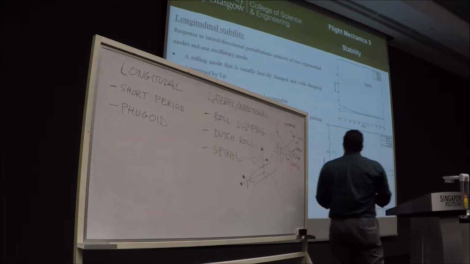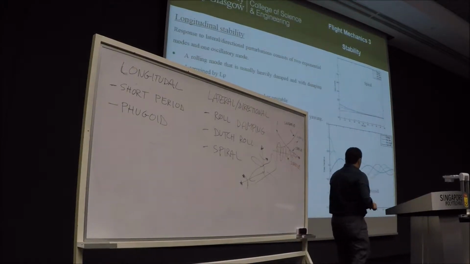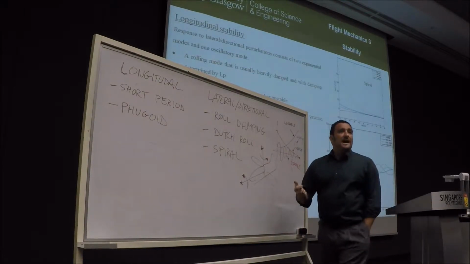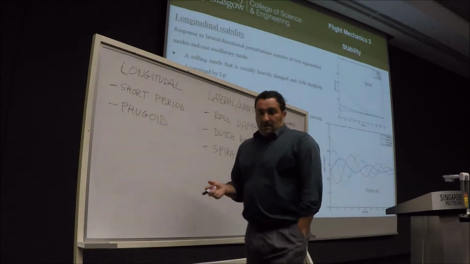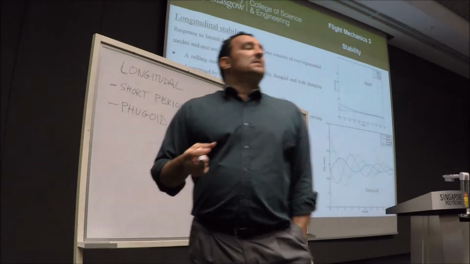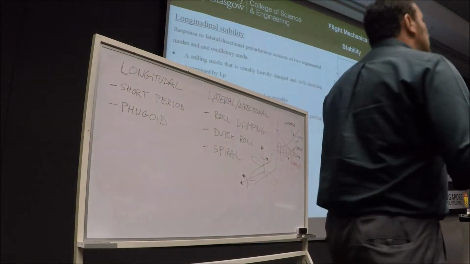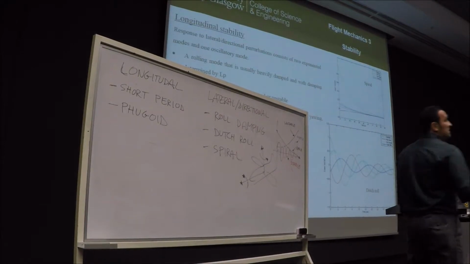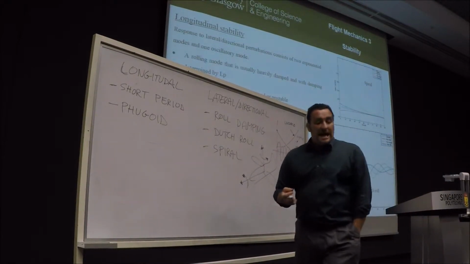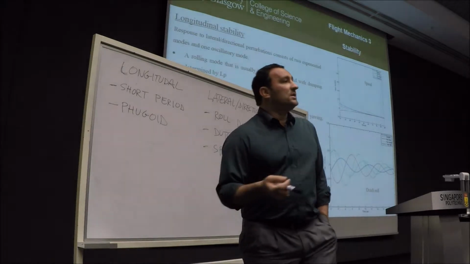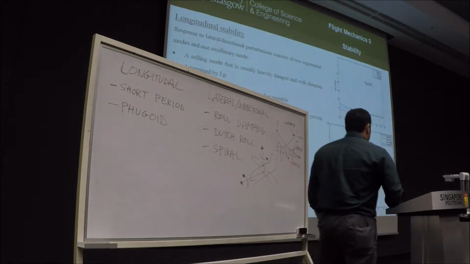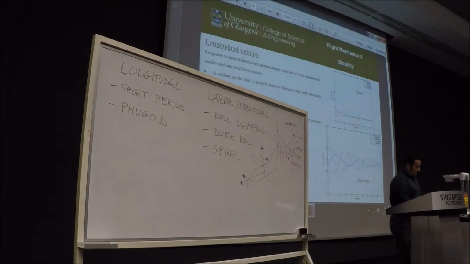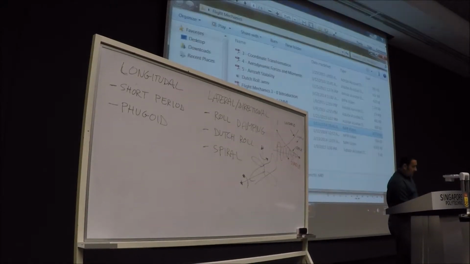The Dutch roll, as you can see in the picture, is lightly damped, and it is a type of perturbation that is very uncomfortable for the pilot and even more so for the passengers. So I'll show you a video of the Dutch roll.